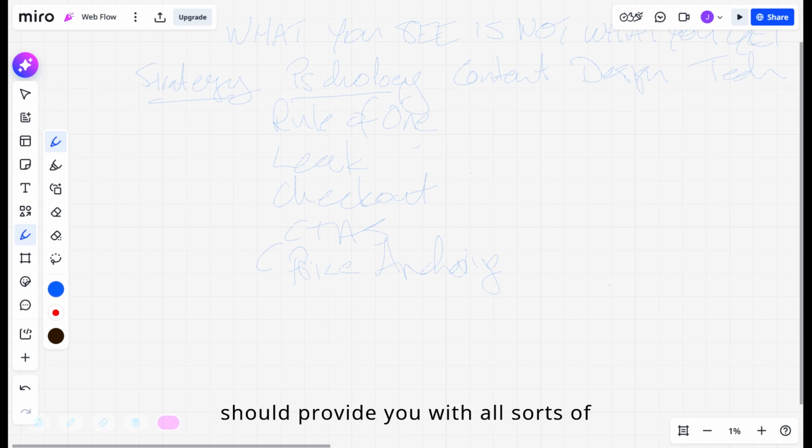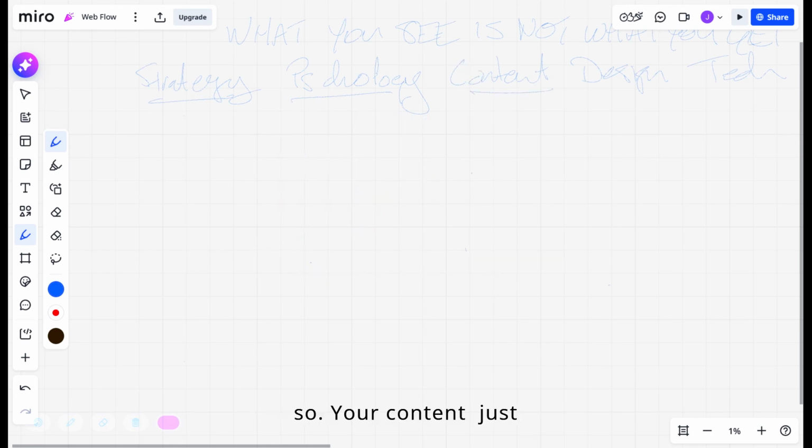And that information should provide you with all sorts of really good ideas in terms of what you can talk about and how you're going to bring your person from unaware to aware to interested to belief to desire to taking the action that you want them to take.